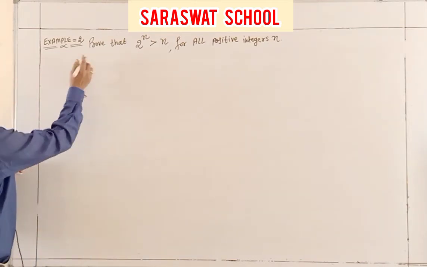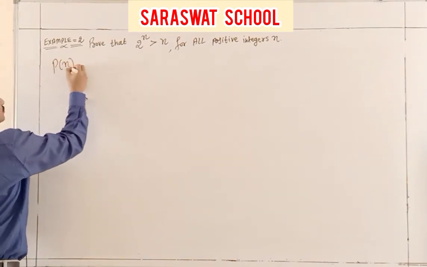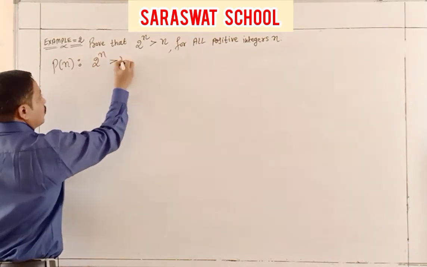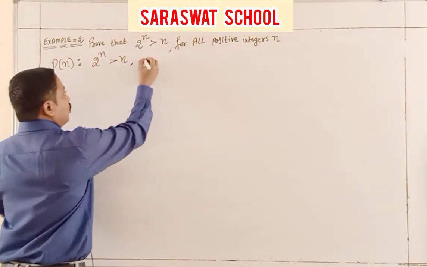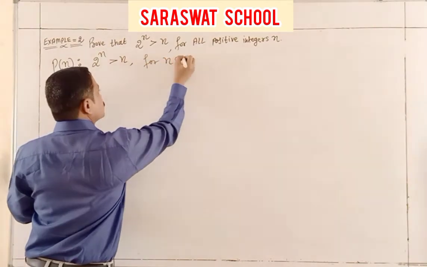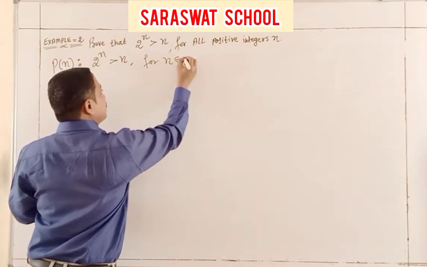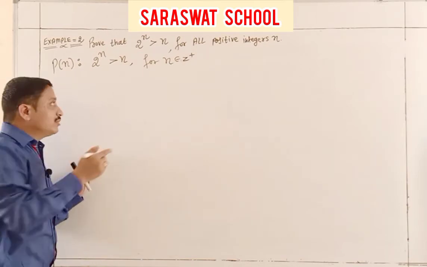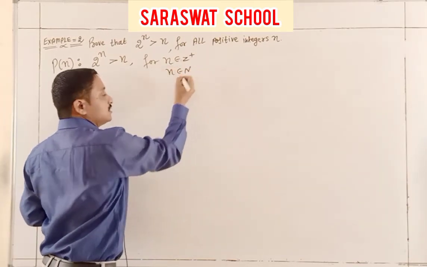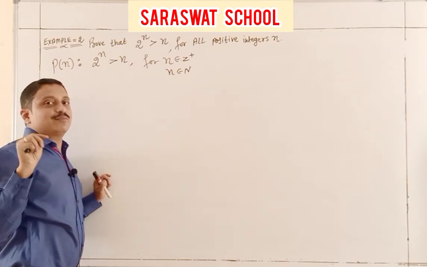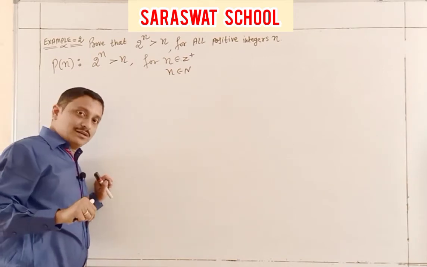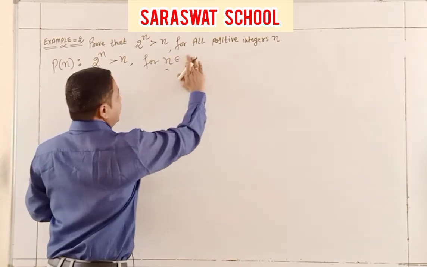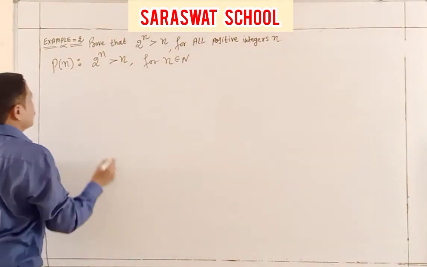So I start here with P of n, which is 2 raised to n more than n for all positive integers, means n belongs to Z positive. Either you can also write n for natural number, this is also true. Anyone you write, Z positive is entirely natural. Both mean the same, so I am going with natural. So now step 1.